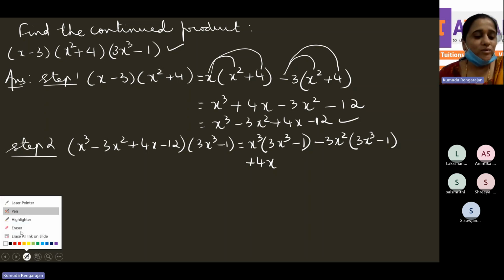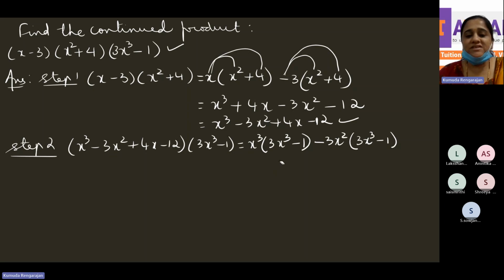Let me ask you this question, Surya. What do you understand from what is written here? I've written the first term of the first bracket and multiplied that with the second bracket. Yeah, just continue the pattern.